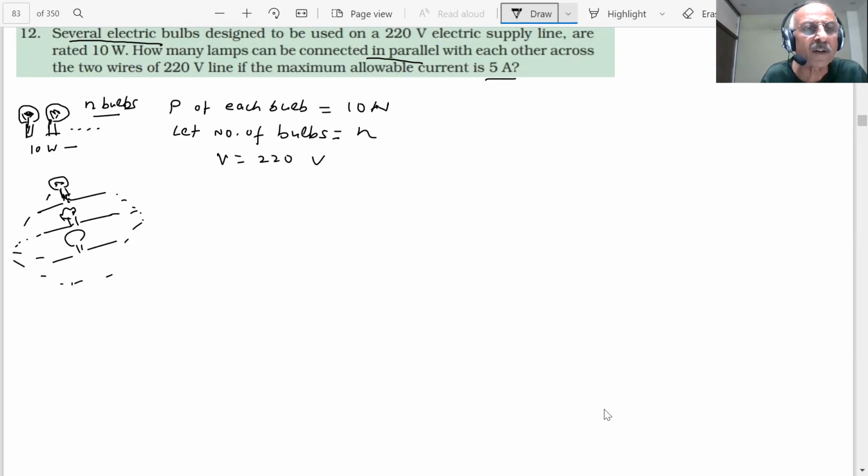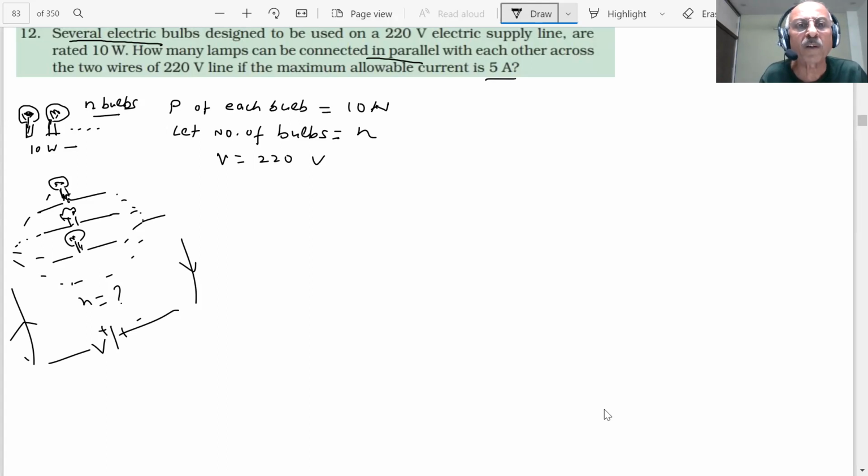How many is he saying? These are all bulbs. So how many bulbs you have to connect in parallel? In parallel, you are applying a potential difference here, plus and minus voltage. How many such bulbs to be connected in parallel with each other?